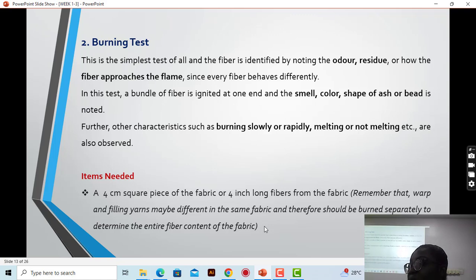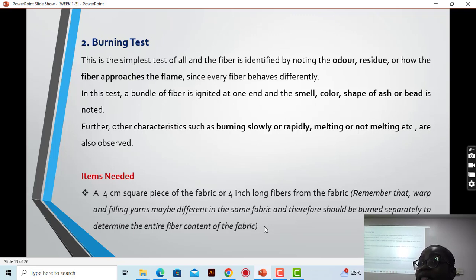Which means, when you have a type of fabric that you want to identify, let's assume that the fabric is blended. Okay, maybe they decided to blend nylon and cotton.